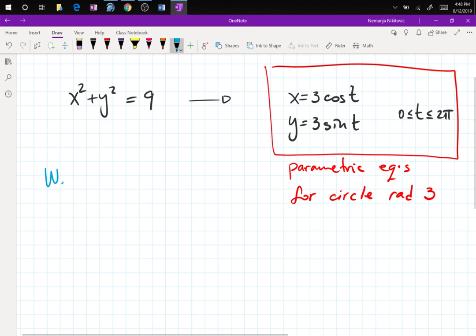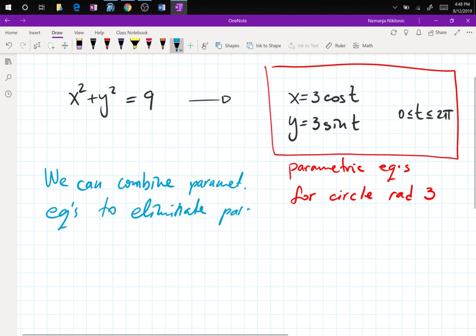So we can combine parametric equations to eliminate the parameter and get the equation we are used to.